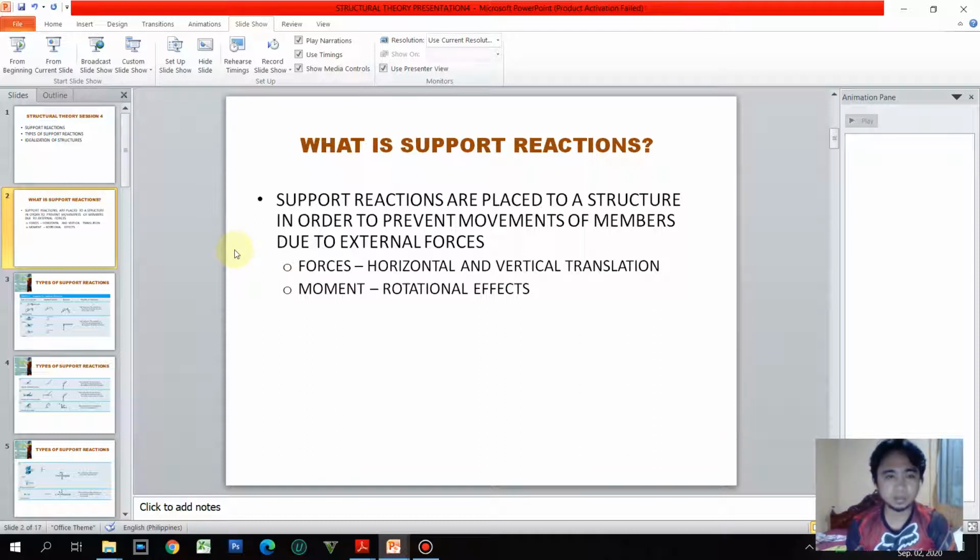The support reaction will absorb these forces or even the rotation or the moment. So the forces will have a horizontal and vertical translation, and of course, to prevent rotation, we have the moment.